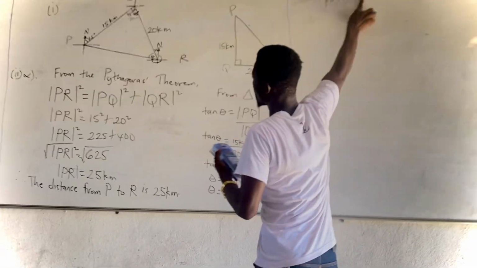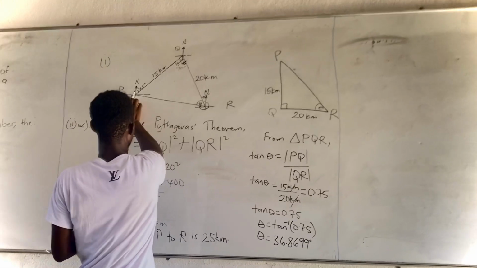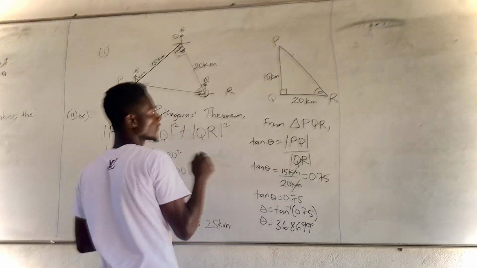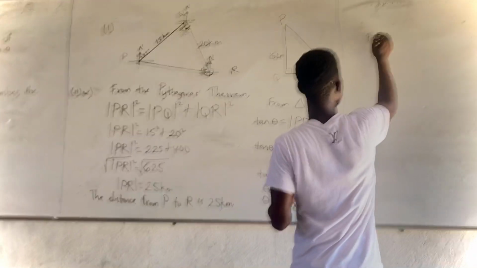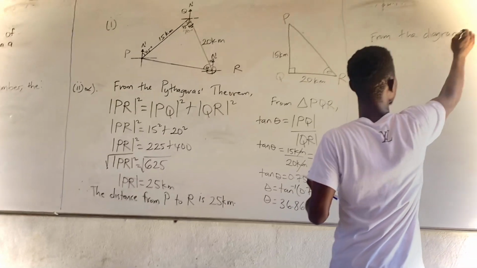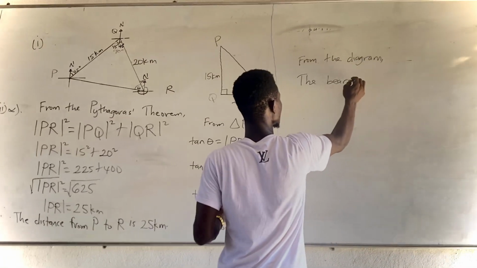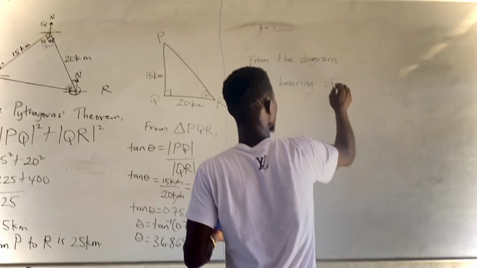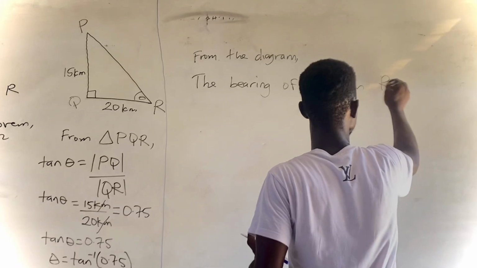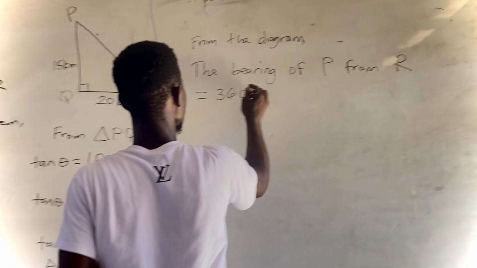Then we can now come here and know that the bearing of P from R will be 360 minus theta minus 45. So we say, from the diagram, the bearing of P from R equals 360 degrees.